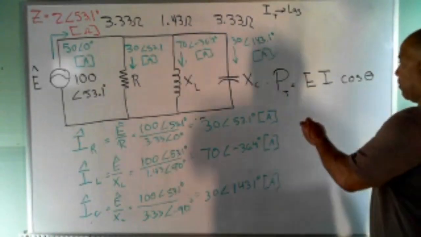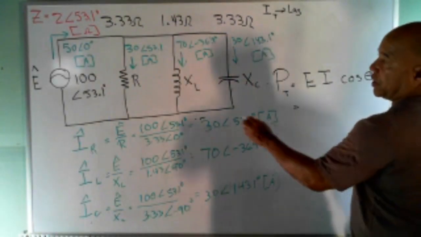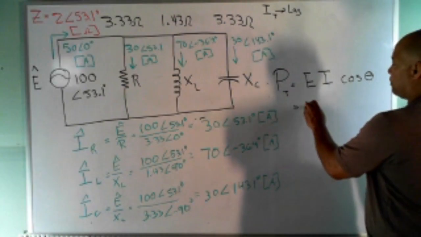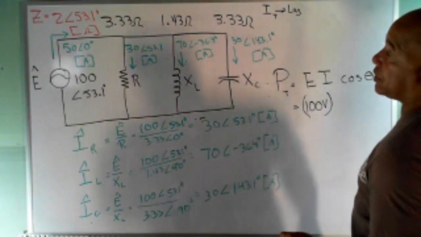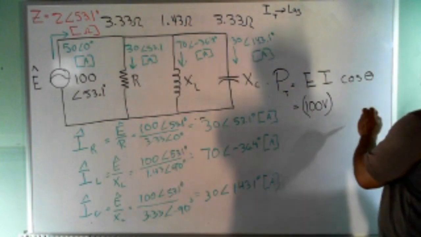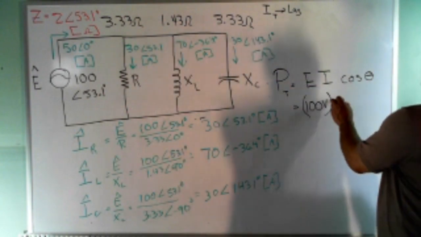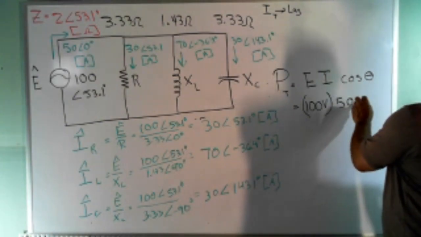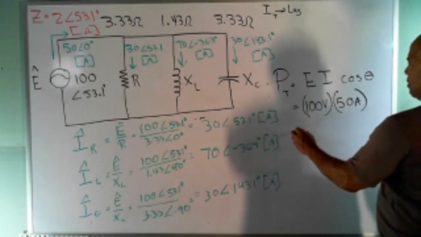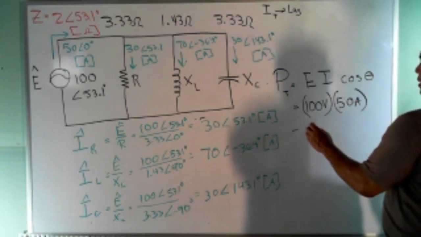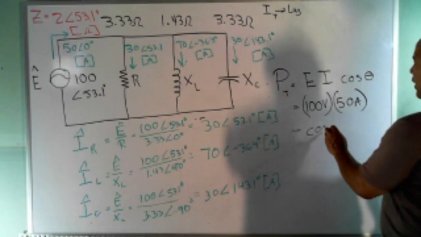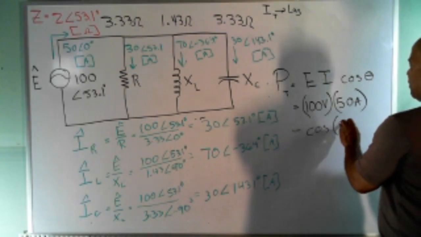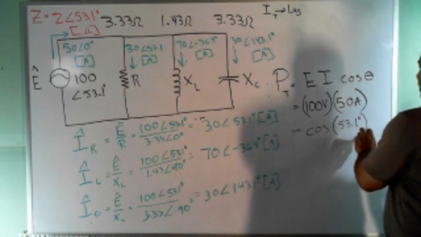If I do the math, I have E, which is 100 volts, and I, which is 50 amps, and then the cosine of the angle between them, 53.1 degrees.